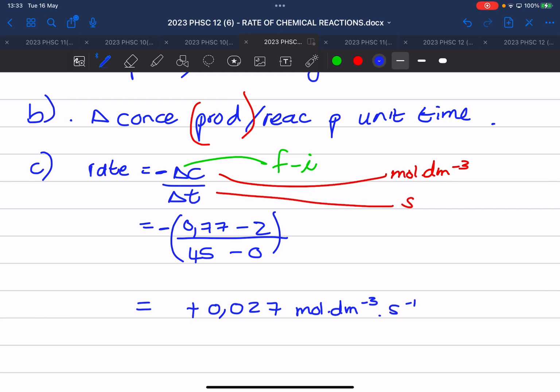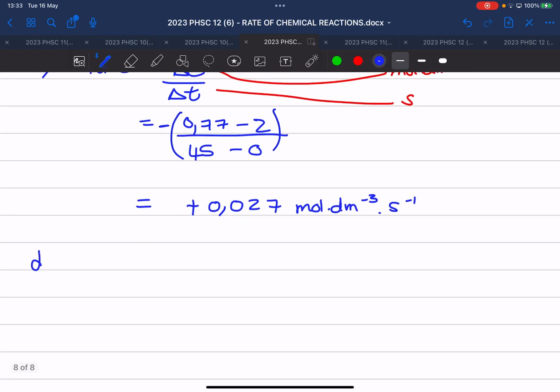Then they say, how will the initial rate of reaction change if the following changes are brought about? Increase, decrease, or remains the same. They ask, what will happen if you increase the temperature to 30 degrees Celsius? Okay.